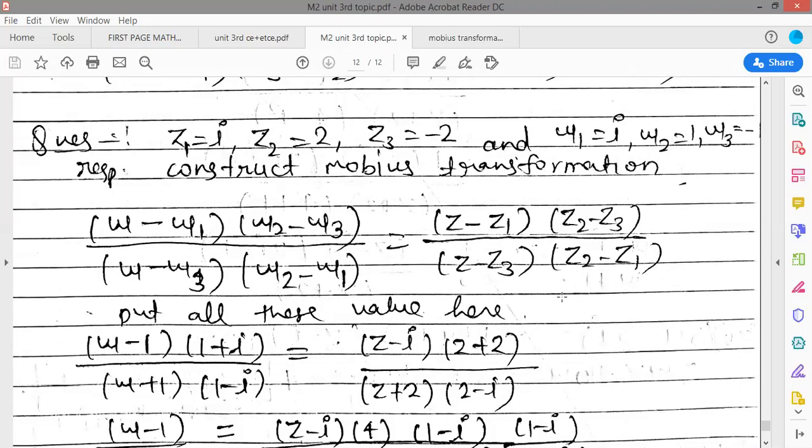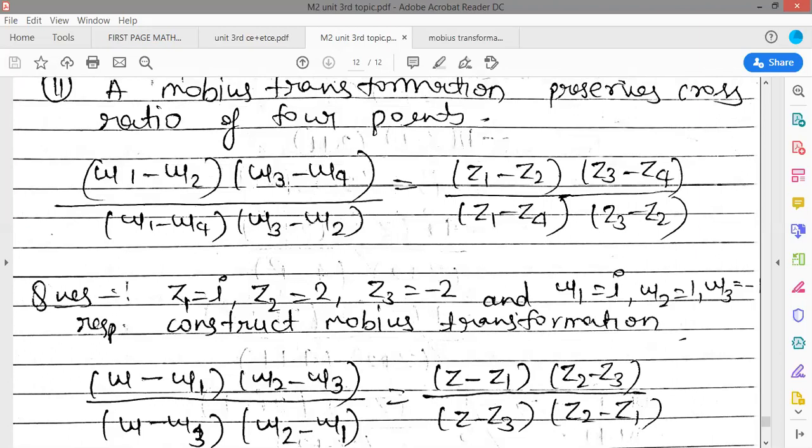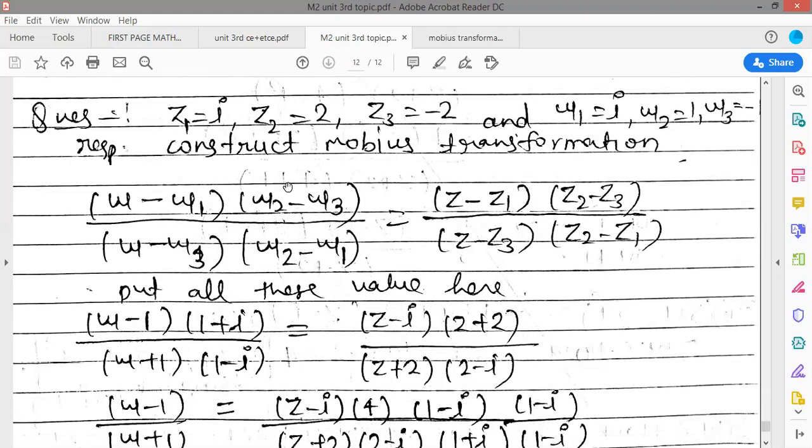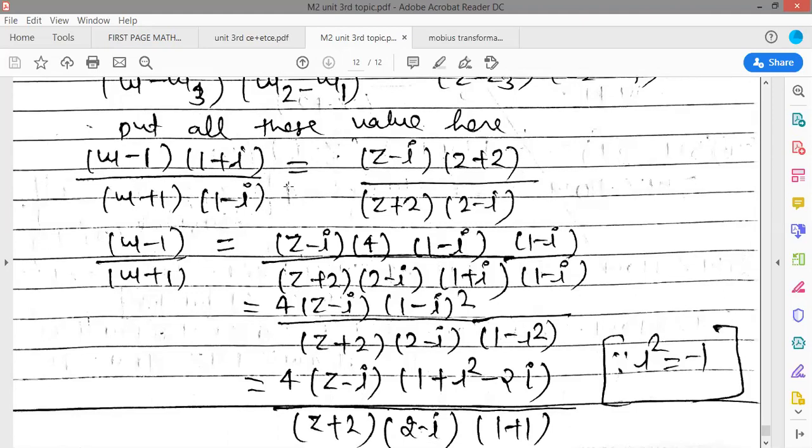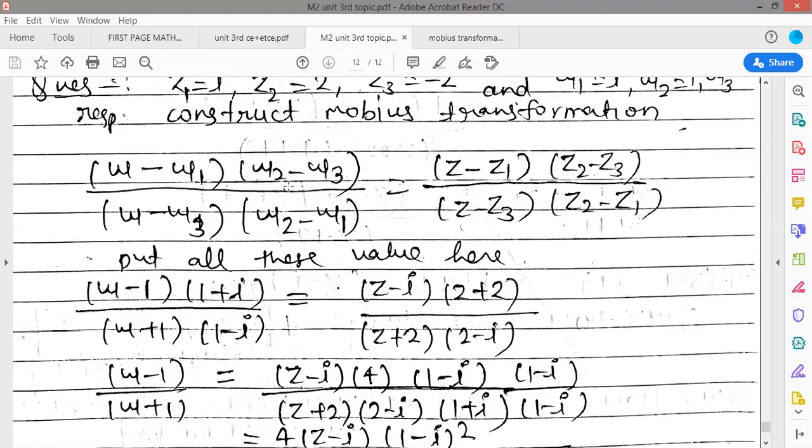Now there is an example here. Z1 is equal to i, Z2 is equal to 2, Z3 is equal to minus 2, and W1, W2, W3 are given respectively. Construct a Mobius transformation. To construct the Mobius transformation, we will put all the values here, since W1, W2, W3, Z1, Z2, Z3 are given. For W4 you have to consider W, and Z4 you will consider Z. You will get your Mobius transformation by putting all these values in the cross ratio.